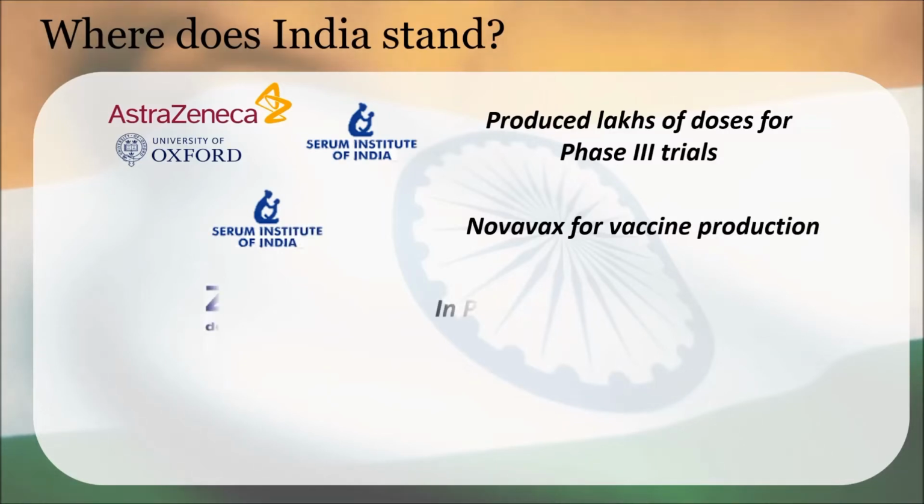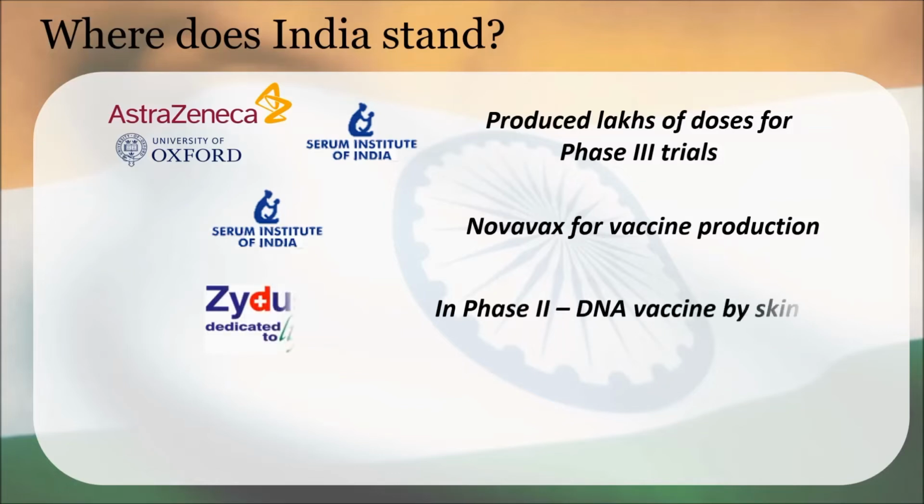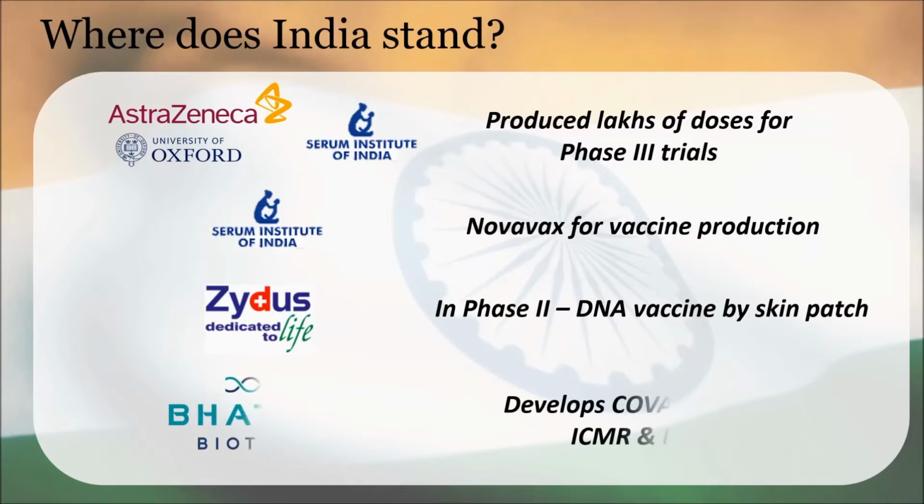Another pharma giant, Zydus Cadila, is in phase 2 with its DNA vaccine. The vaccine delivery is done by using a skin patch. Hyderabad-based Bharat Biotech Covaxin, in collaboration with the Indian Council of Medical Research and the National Institute of Virology, is almost entering its phase 3 after expedited phase 2 trials.